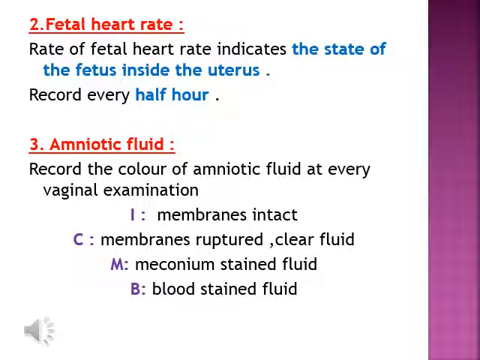If it is clear, you can mention it as C, and if the fluid is meconium stained, you should record it as M, and B for blood stained fluid. So in the amniotic fluid area, you need to mention whether the membranes are intact. If ruptured, then mention the color of amniotic fluid like C, M and B.